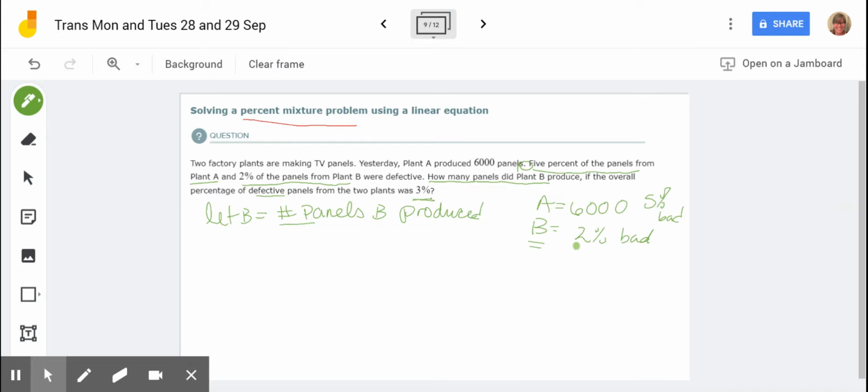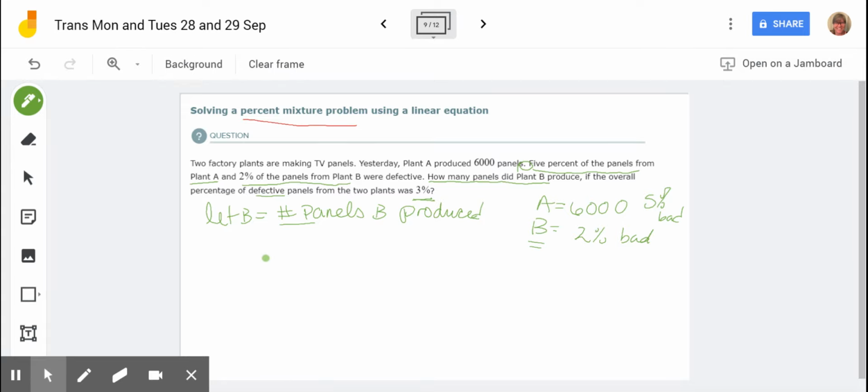So we know that the average is in between here. I'm thinking, does that mean B produced... Well, I don't know. Actually, that one's hard to just guess at. Okay, let's talk through this.